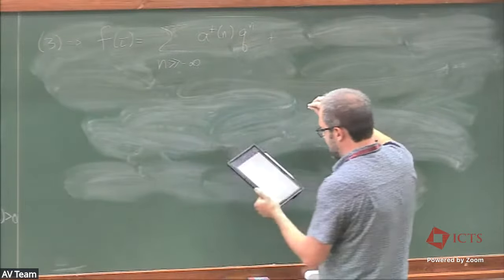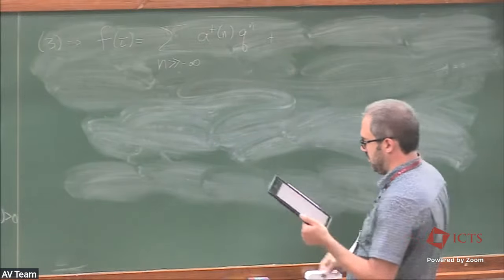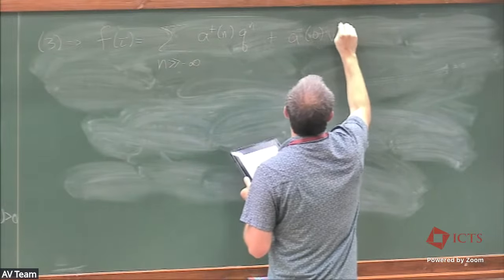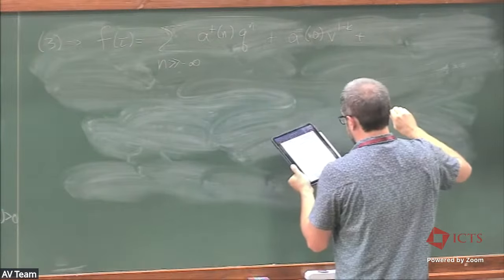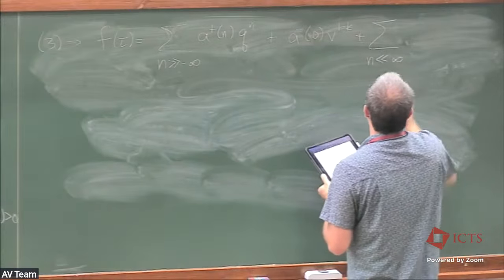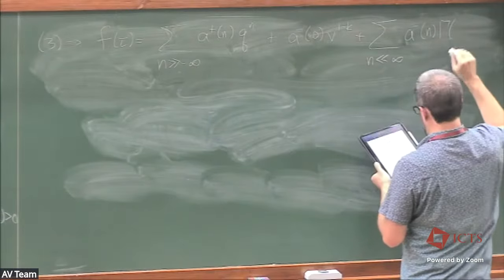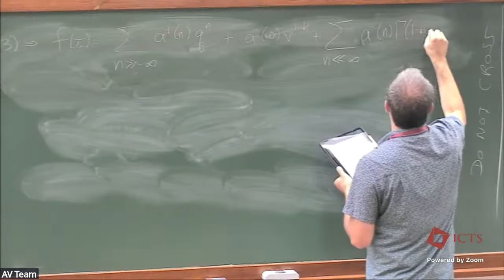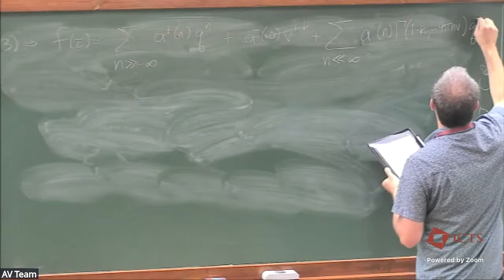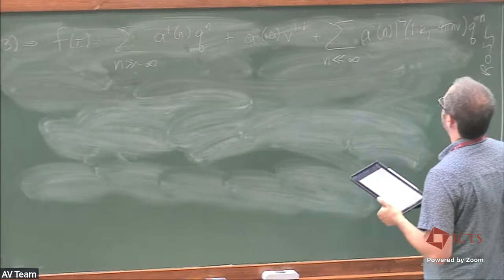Then we need the constant term, which involves v to the 1 minus k, so we'll call this a minus of 0, v to the 1 minus k. And then a sum, which is not allowed to go all the way to plus infinity, of a minus of n, gamma of 1 minus k, minus 4 pi n v, q to the n. Okay?